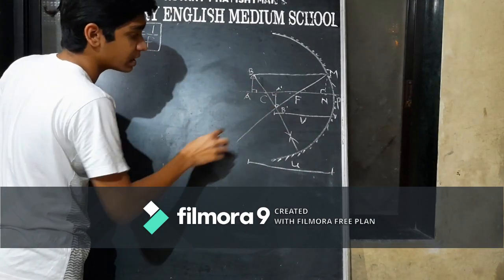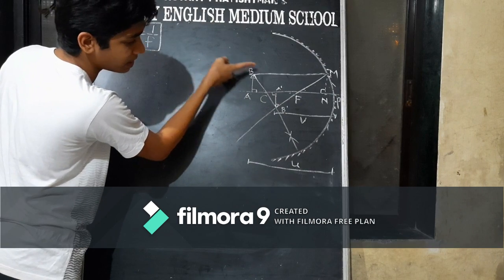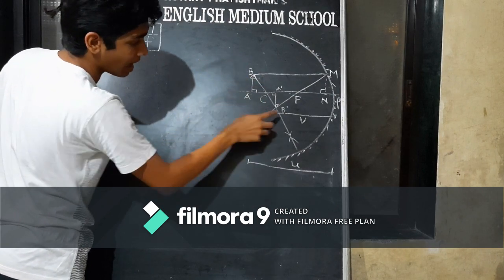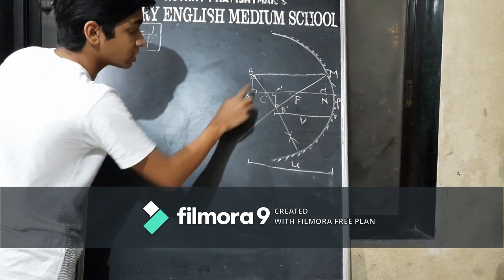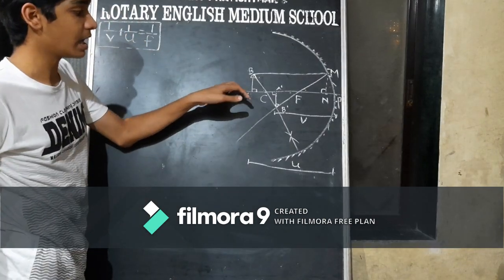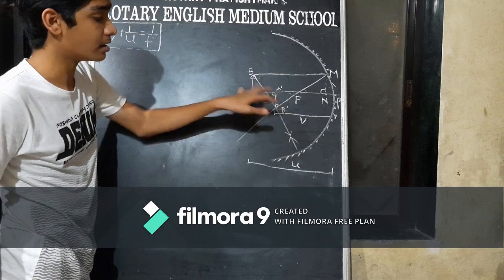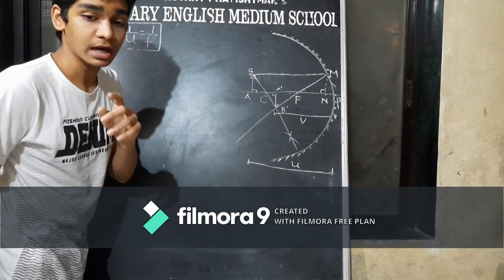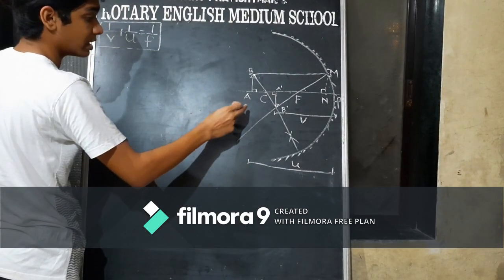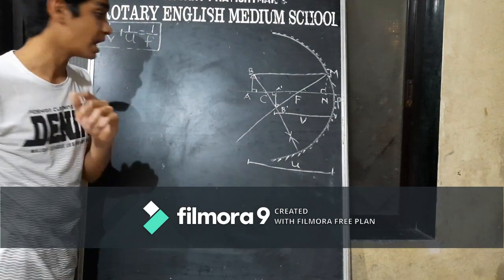So these both are 90 degrees. Angle BCA and angle B dash CA are vertically opposite angles, so these both angles are equal. So triangle ABC and triangle A dash B dash C are similar to each other by the AA similarity criteria.